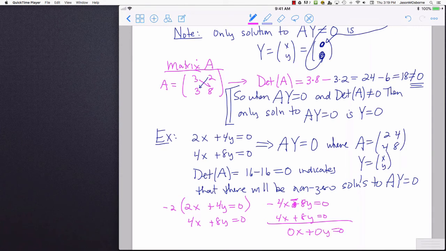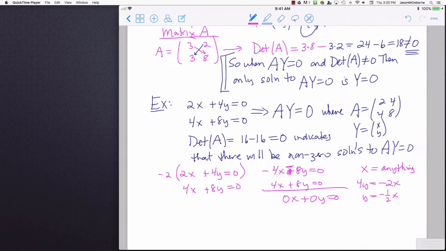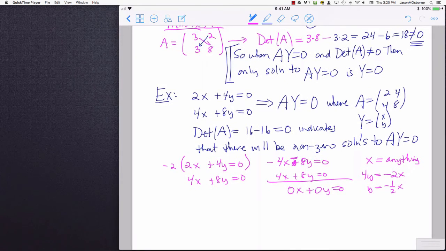That means x could be equal to anything, and 4y would be equal to -2x, so y would be -1/2 x. So another answer to the system is x being anything, and y being -1/2 of that.